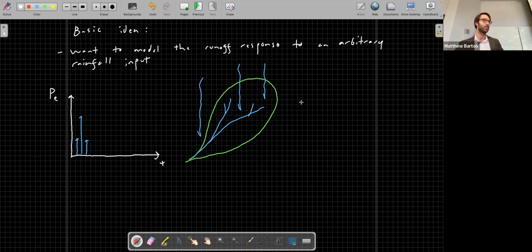And we get some response at the outlet, which I will label in red. Let's say this is the outlet to a channelized section. Maybe this is just a land surface, maybe there are no real channels here. And our response will look something like this. It takes our rainfall event and smooths it out.